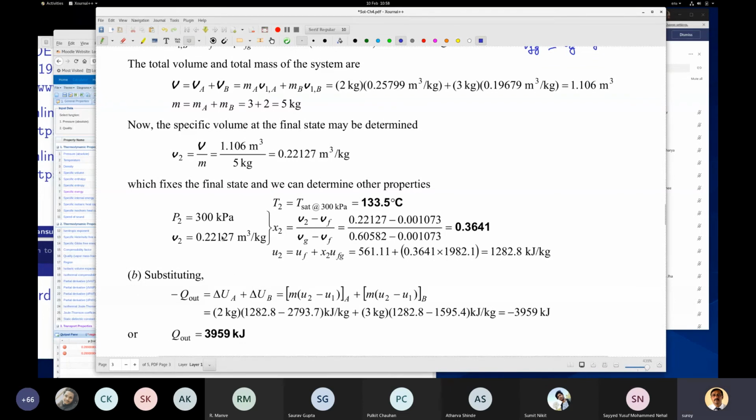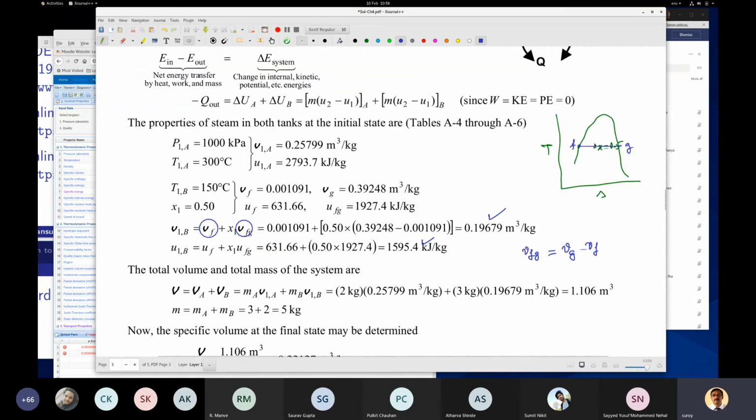For this specific volume, this specific volume is somewhere here. This is the specific volume line; it goes from one to another. So the specific volume is known. Let us end it here.